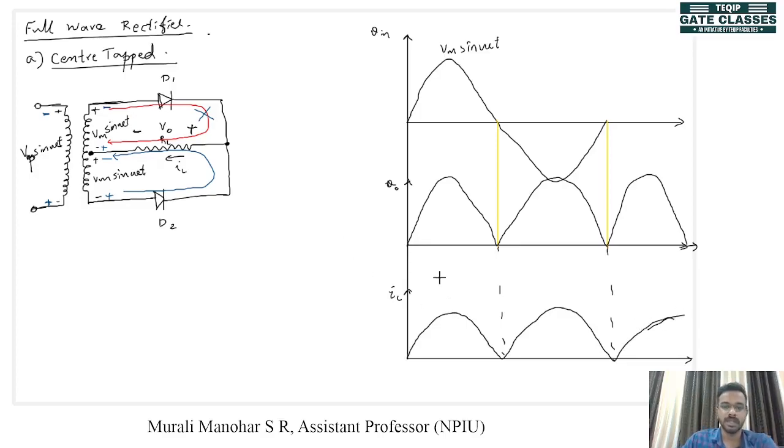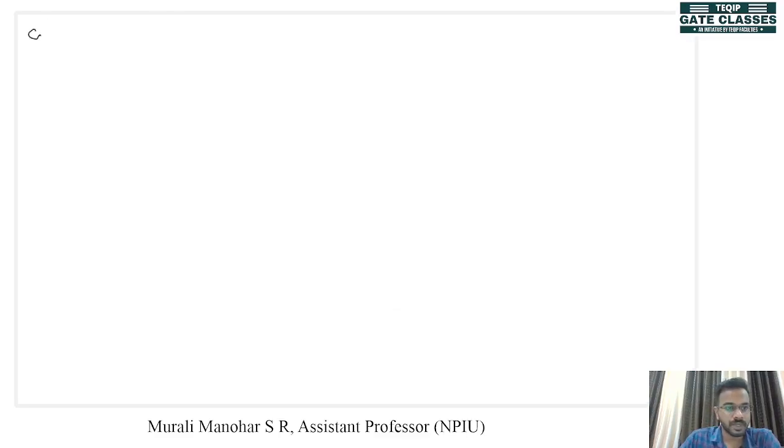Okay, this is IL, which is V out divided by RL. So when we look at the circuit, one of the diodes is conducting for the entire period. The conduction angle is given by 2 pi. There is conduction throughout a period of 2 pi.